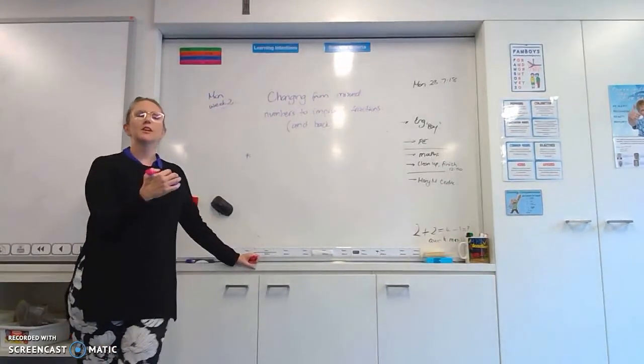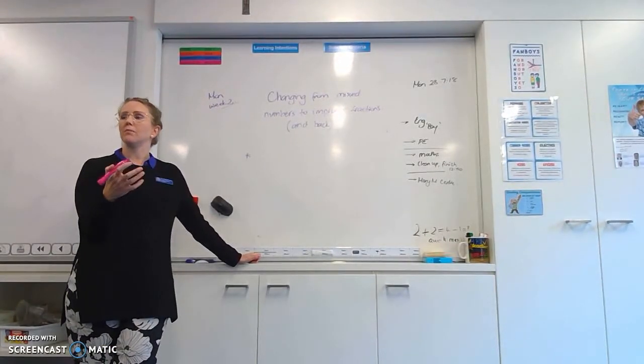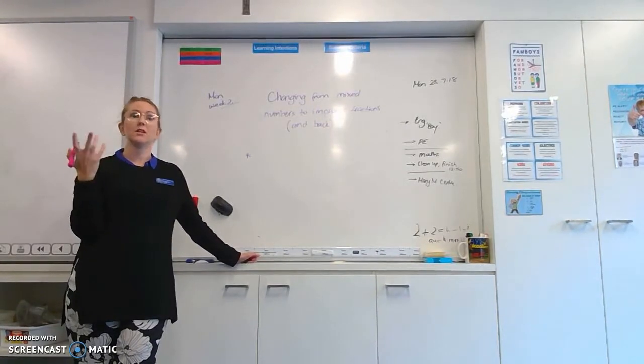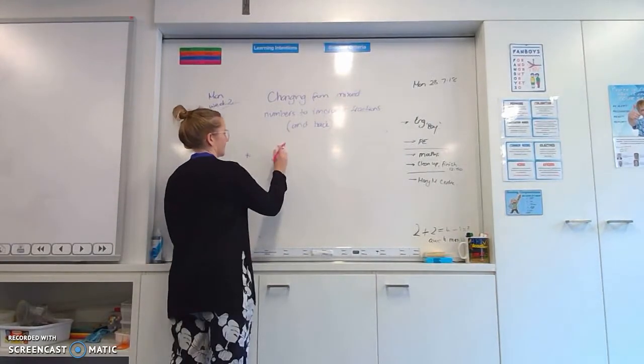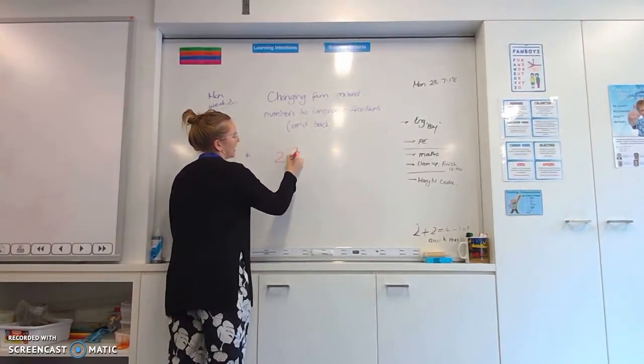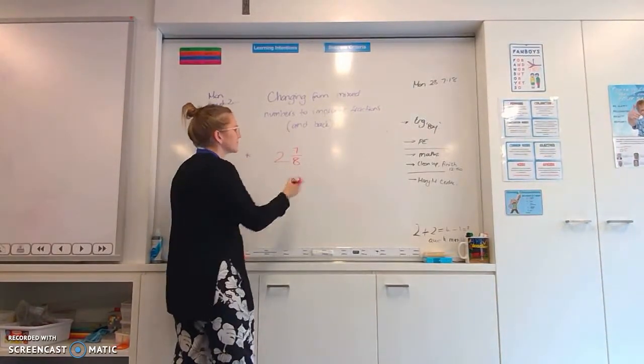Okay, someone give me a mixed number that's more than 2. Like 2 and something. Let's do 2 and 7 eighths.